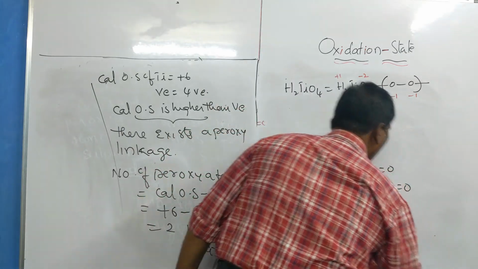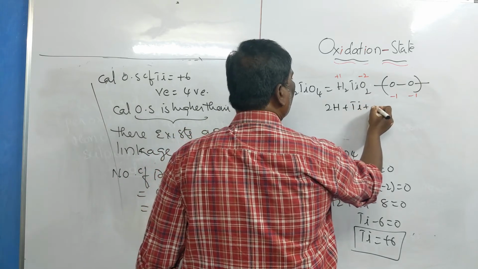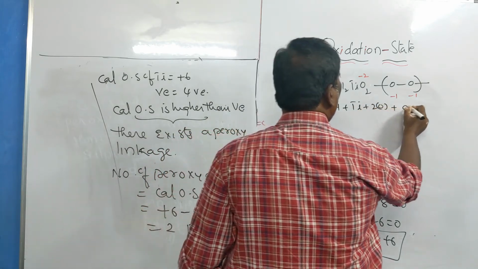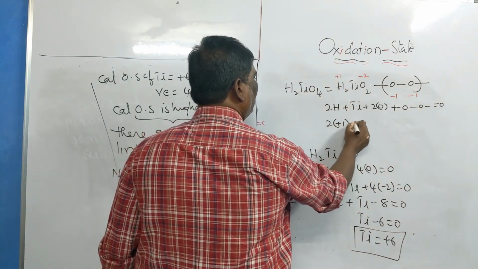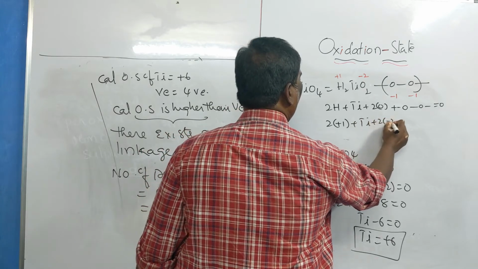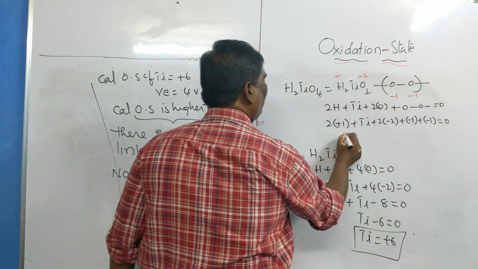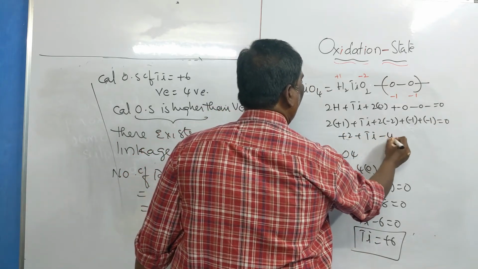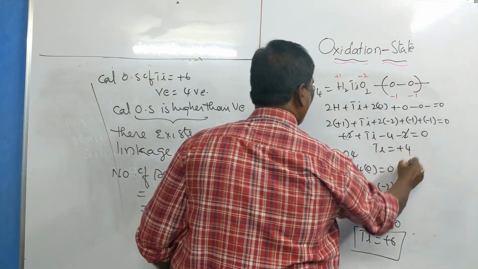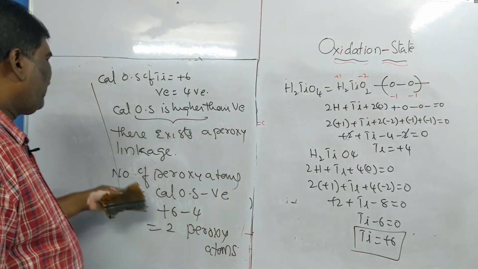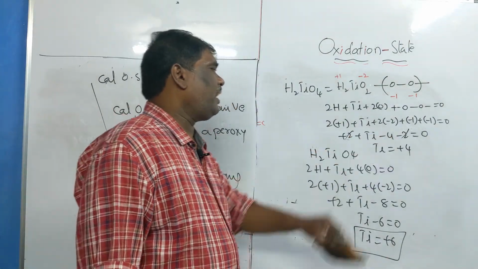Now you make the calculation. 2 hydrogens, 1 titanium, 2 oxygen atoms along with peroxy atoms equals 0. 2 into +1 plus titanium plus 2 into -2, peroxy is -1 and -1, equals 0. So +2 plus titanium -4 -2 equals 0. So we are getting titanium equal to +4. Thus, because of the peroxy linkage, the oxidation state is adjusted to the valence electrons.